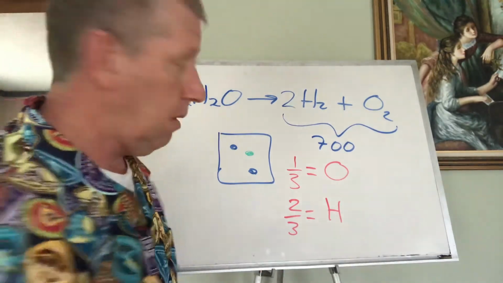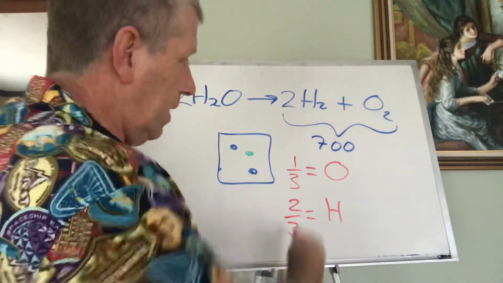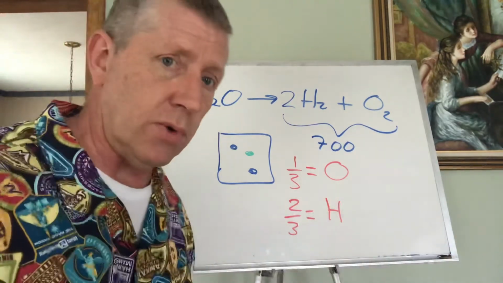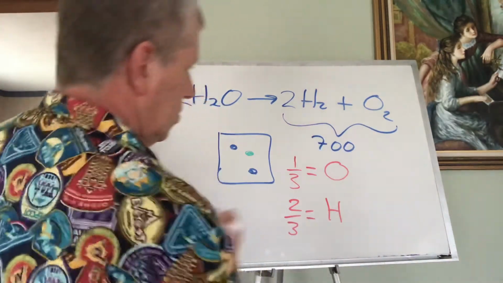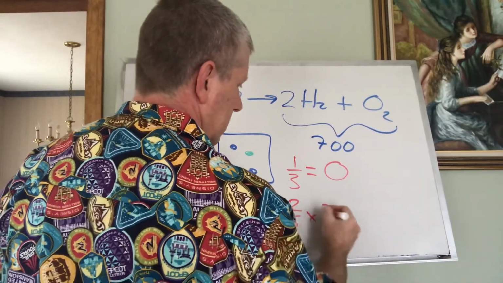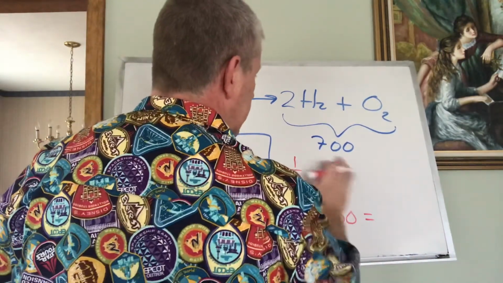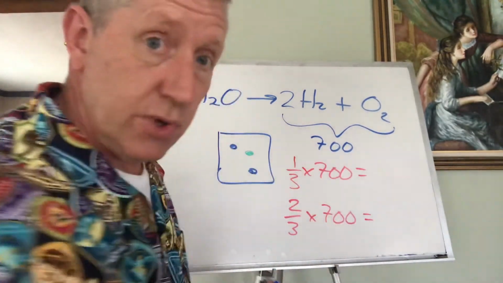Do the math. 1/3 of 700 or 2/3 of 700. You can do it either way and subtract to get the other one, or you can multiply them both out and get the answers. So 2/3 of 700 gives me the hydrogen answer, and 1/3 of the 700 gives me the oxygen answer.